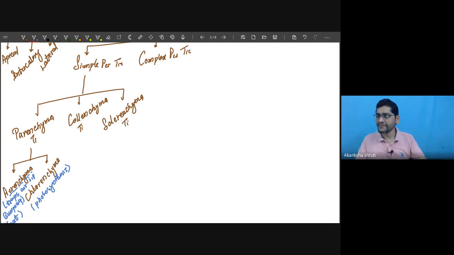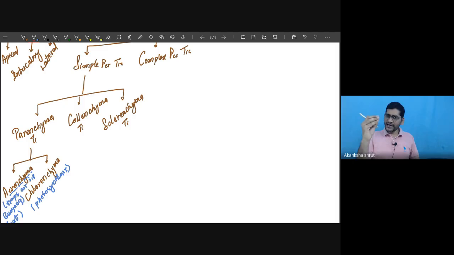Another one is collenchyma. This collenchyma gives flexibility. Like you observe, if you take a twig or the growing branch of a tree and pull it, it is able to move toward you. But if you take a thicker part and pull it, it will not move, rather it breaks.